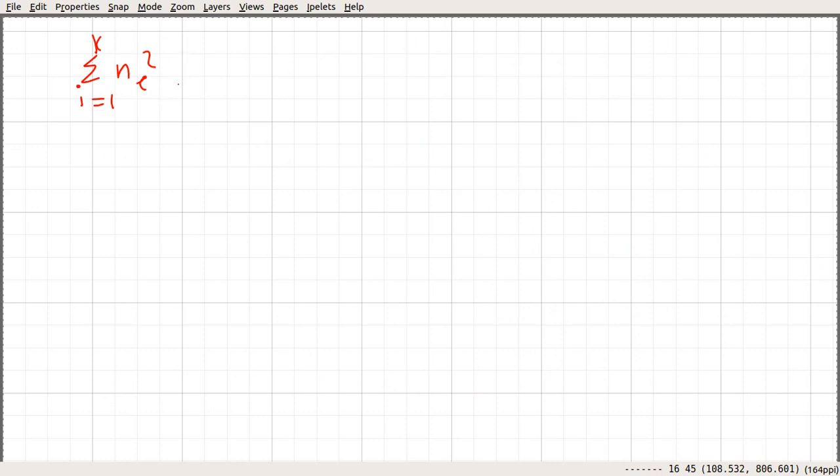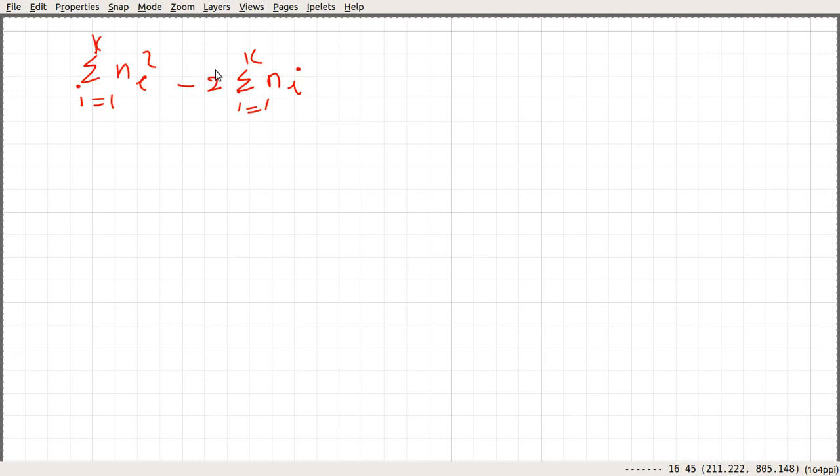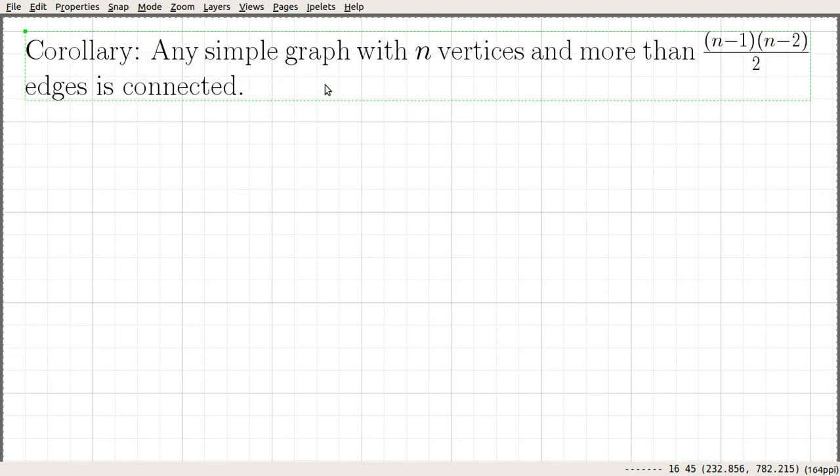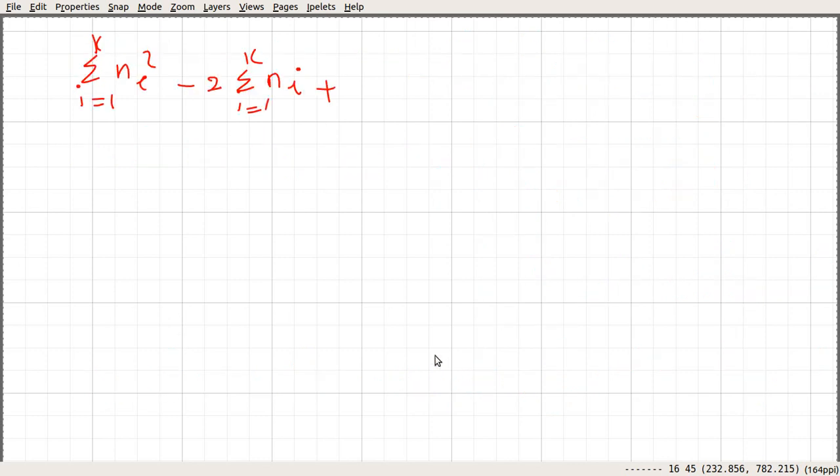Minus, again the cross term, 2 times the sum of ni, that is 2n1, 2n2, etc. So 2 times the sum from i equal to 1 to k of ni, plus the last thing. Here we have 1 plus 1 up to k times, so it's equal to k.